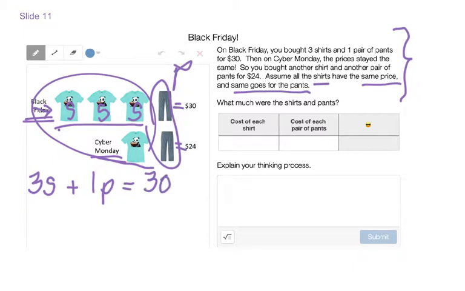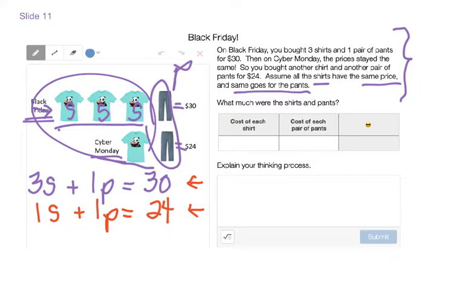Okay, let's talk about Cyber Monday. Same thing. How many shirts did I buy? 1 shirt. How many pairs of pants? 1 pair of pants. How much did I spend? $24. So again, 2 equations with the same variables, related, but they're different because on one day I bought one amount and on the other I bought another.